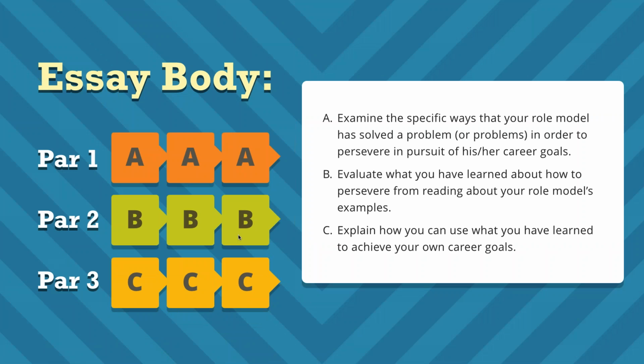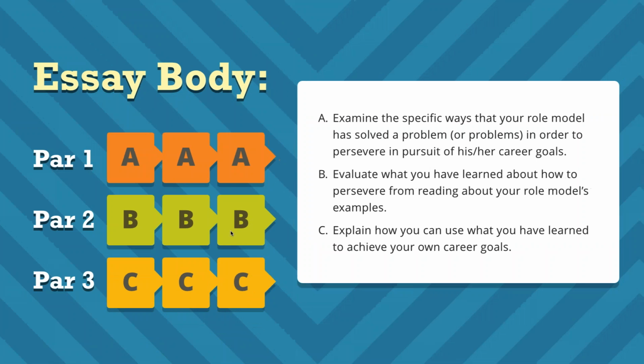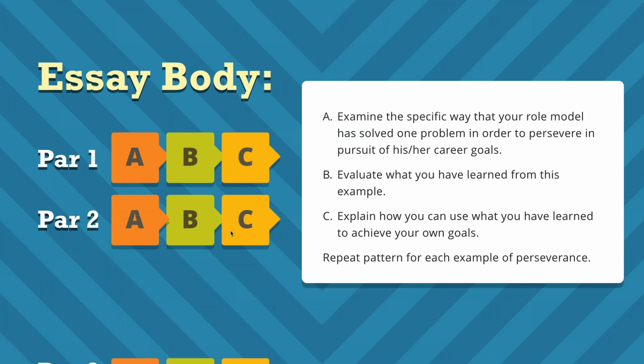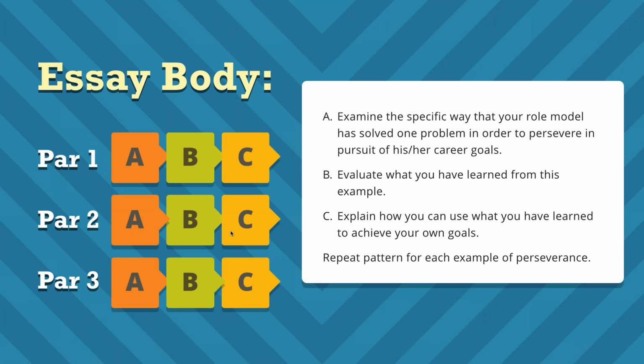Maybe they were similar problems, or maybe the solutions had something in common. Again, how you organize your essay is going to depend on the information that you were able to find and the best way of communicating that to your readers. So these are just possibilities. But you're going to have to do some critical thinking to figure out what's going to work best for your topic.